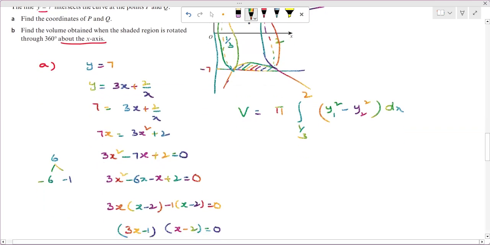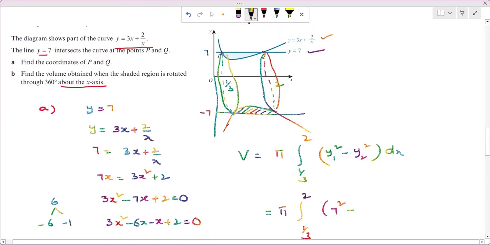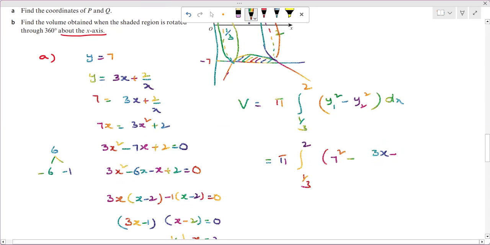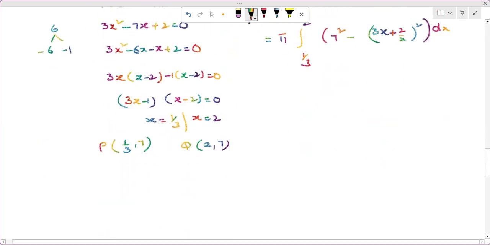Now, pi integral from 1 by 3 to 2, y1 square is 7 square, minus y2 square. Y2 is how much over here? 3x plus 2 by x, 3x plus 2 by x whole square, into dx. Now you simplify this.